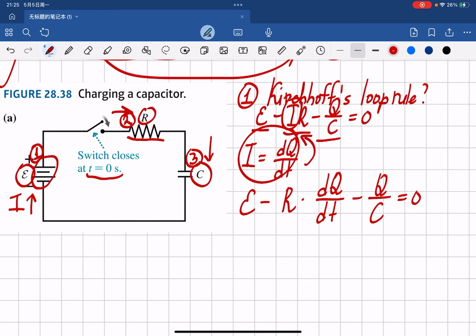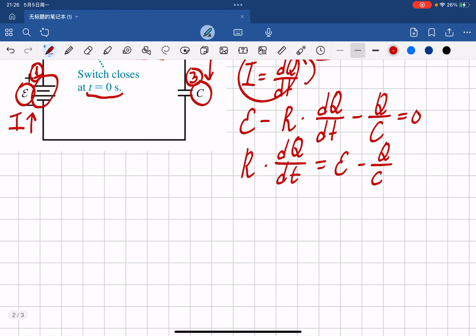And then we will rearrange. On the left side we will write R times dq over dt, and on the right side E minus q over C. And this is a differential equation. It shows how charge changes over time.